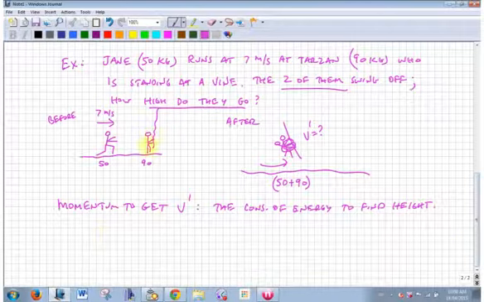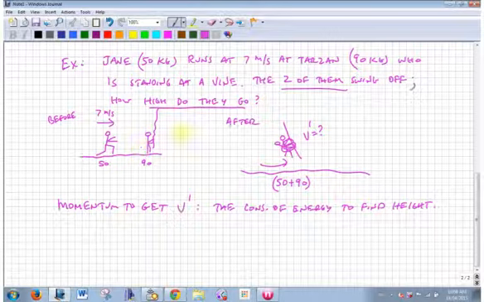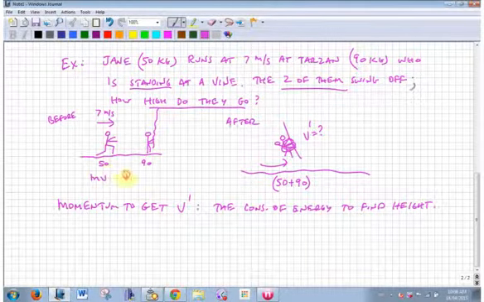So before, total momentum. What's his momentum? Yeah. Because standing at the vine implies he ain't moving. And if there's no velocity, there's no momentum. She has mv, he doesn't.